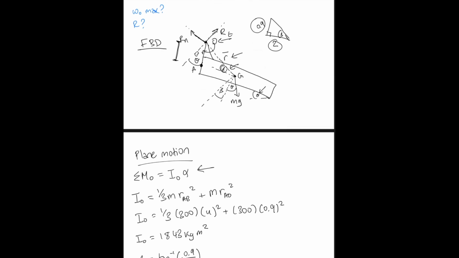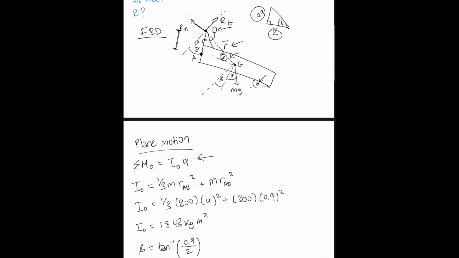We want to find the distance from O to G, and that's going to be 2 cosine theta minus 0.9 sine theta. Because if you look at our free body diagram over here, 2 cosine theta is actually the distance from A to G. However, we want the distance from G to O vertically.